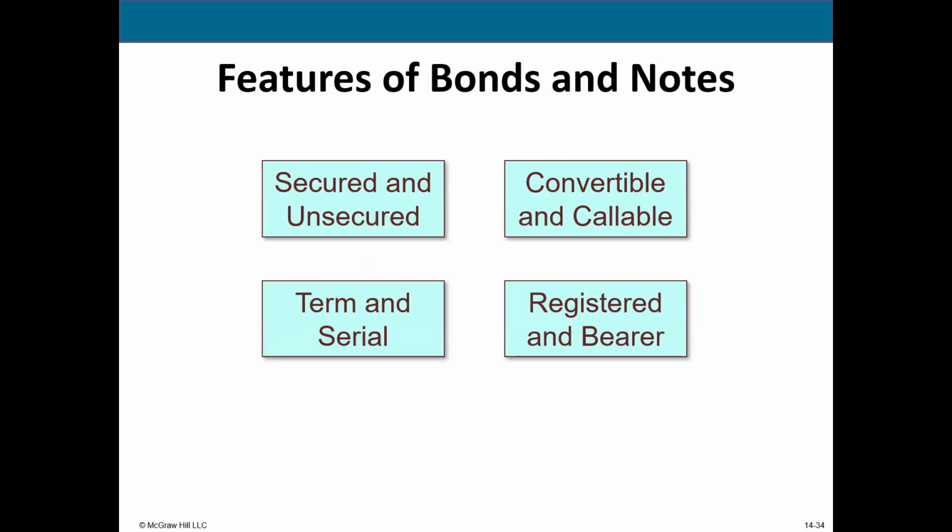The bonds payable to whoever holds them are called bearer bonds. The person who holds the bond is called the bearer. That's the best way I can describe that. So just terms to know and the differences between the terms.